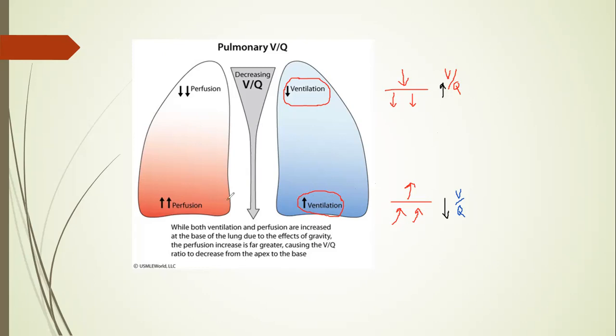So the perfusion here is much higher than ventilation. So if you look at the VQ, it is low. So if you look at the ratio of VQ coming from the apex, going all the way to the base, you have a decreasing ratio of VQ. Are we together on that point?